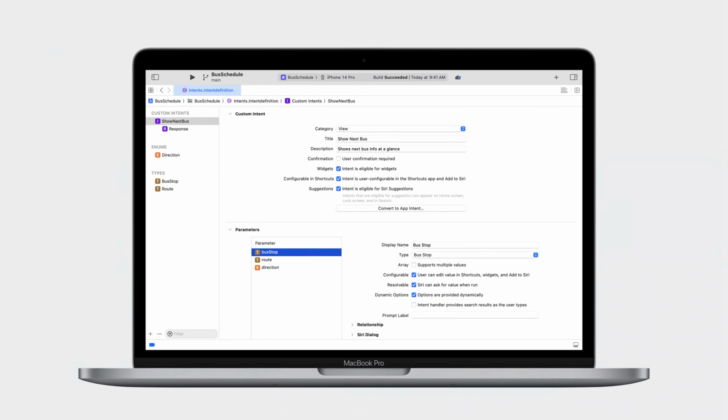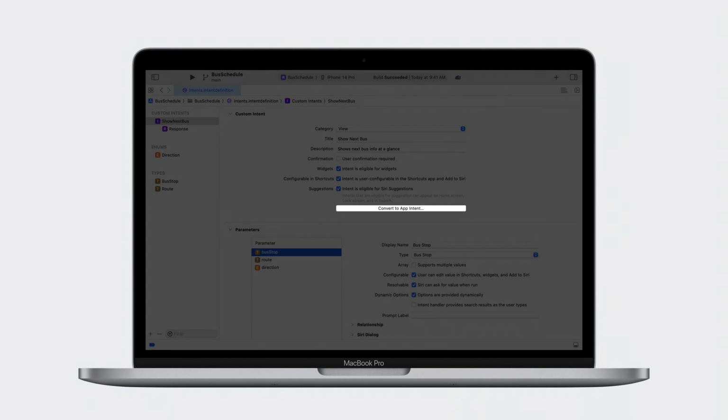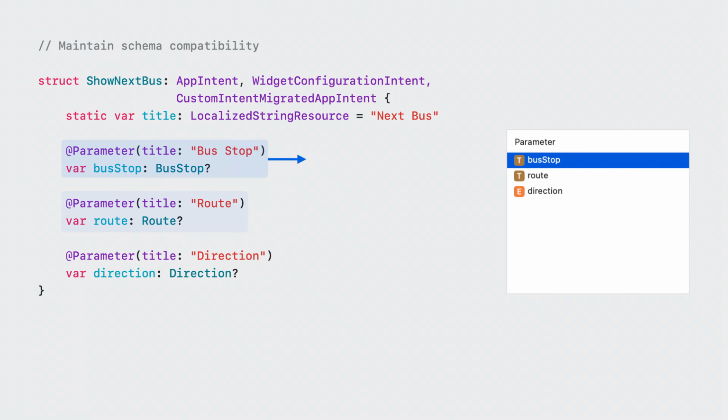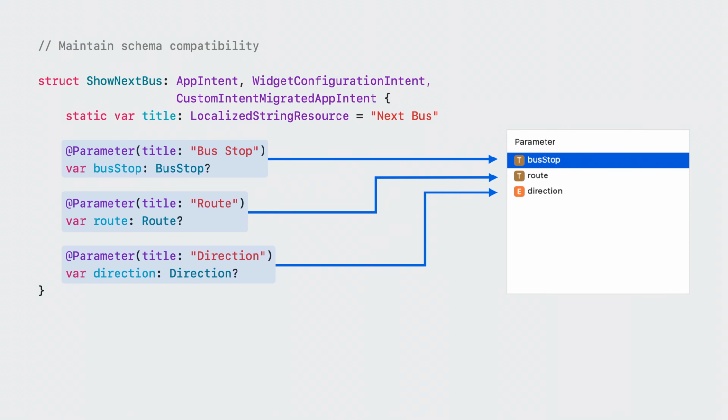To migrate, navigate to your SiriKit widget configuration intent within your intent definition file and click the Convert to App Intent button. Xcode will produce App Intents code that is equivalent to your old intent definition. You will need to ensure that the schema stays the same, meaning that all App Intent parameter names and types should match what you had in your intent definition.